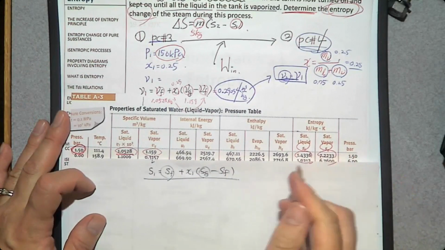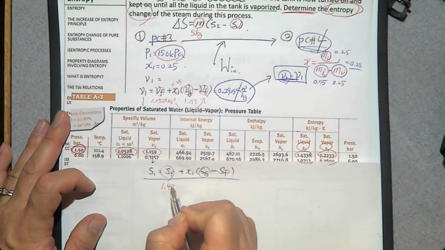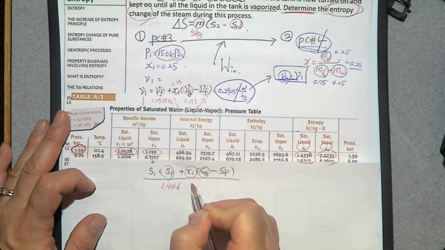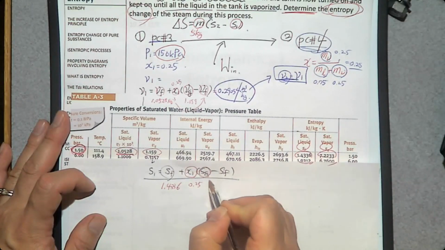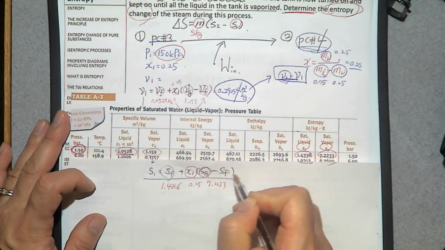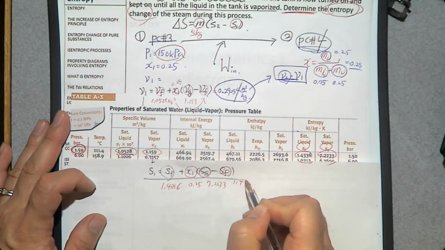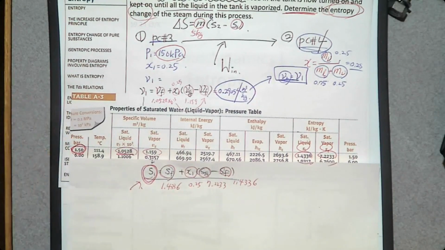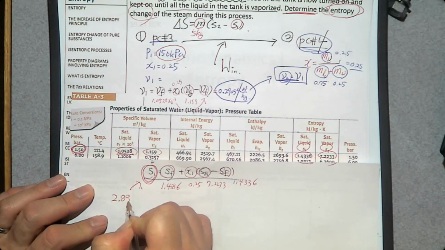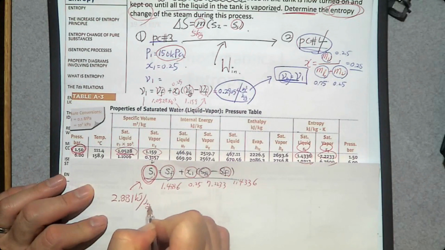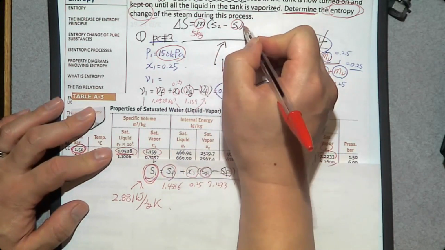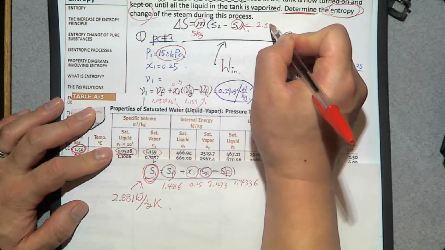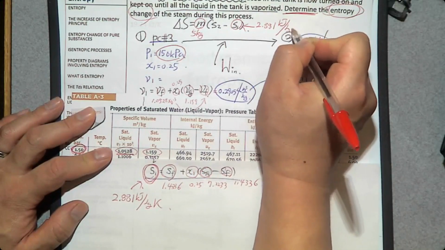So let me write this. SF is 1.4336. Quality X is 0.25. SG is 7.2233. So that's how you determine S1. S1 is 2.881 kilojoule per kilogram Kelvin.